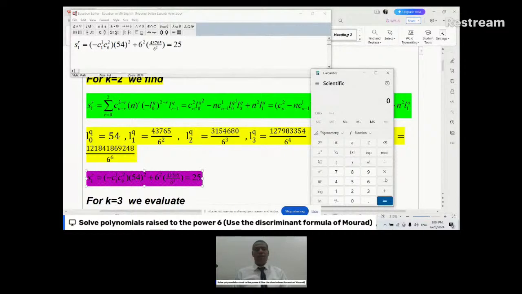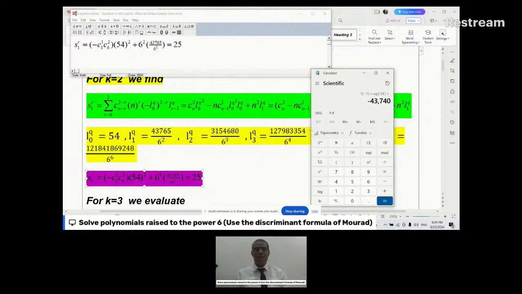I will just write minus 15 times L0 of the q squared, plus 6 squared times L1 of the q, divided by 6 squared. No need to write it, I will just write this one because this is the value. This value 6 squared divided by 6 squared is 1.